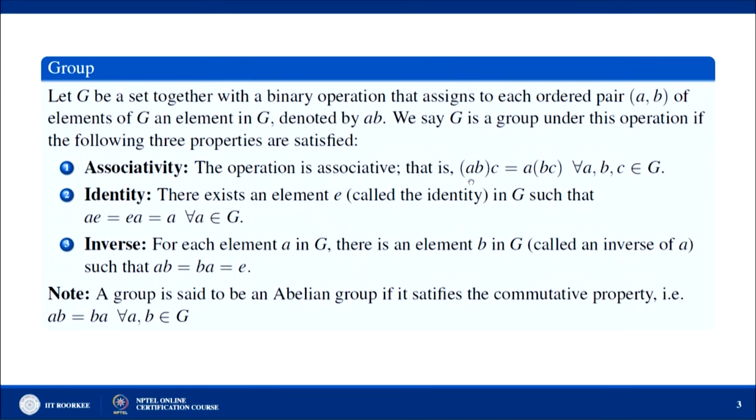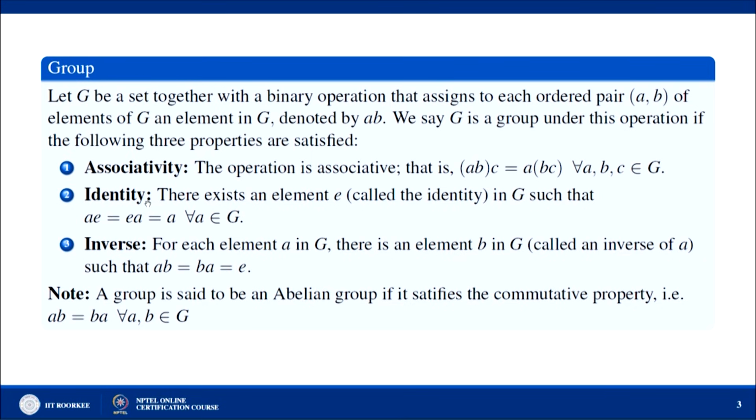And what are the other three properties which a set G should satisfy to form a group? Number one, associativity. Associativity means you take any three arbitrary elements A, B, C in G. If you take brackets on the first two elements or you take the brackets on the last two elements, the values are the same. That is associativity. Then the identity.